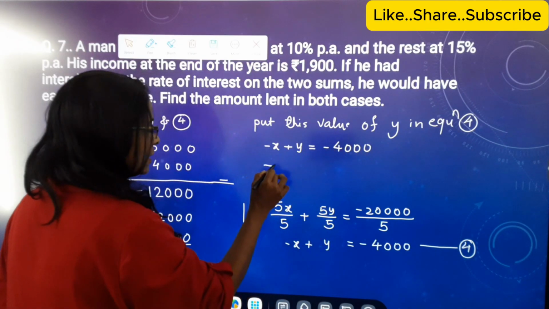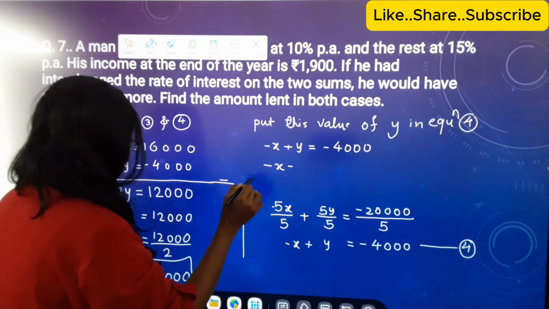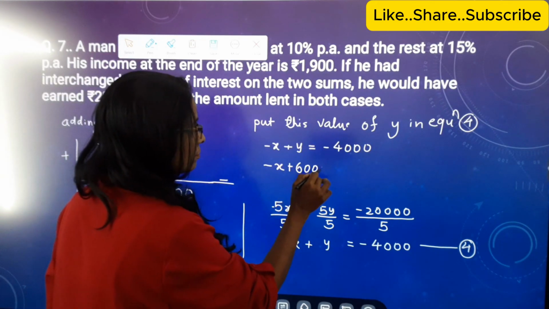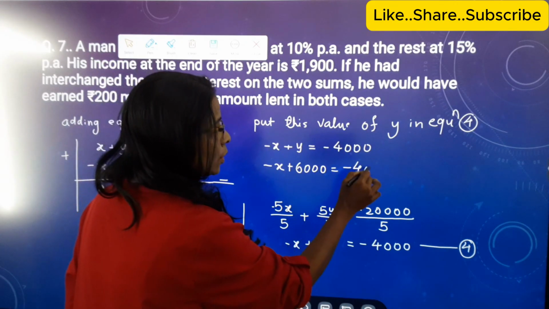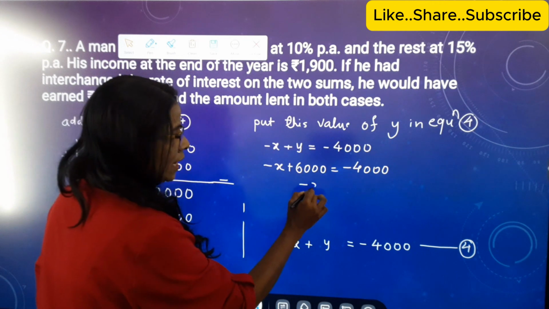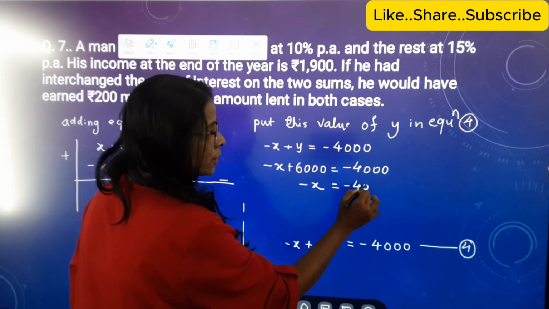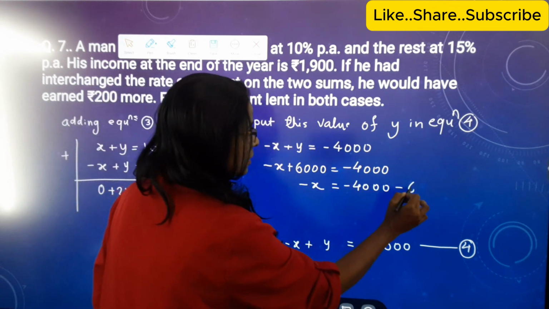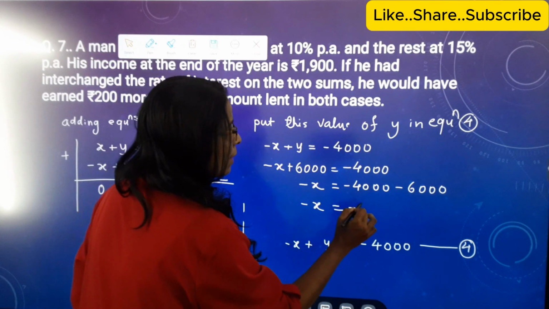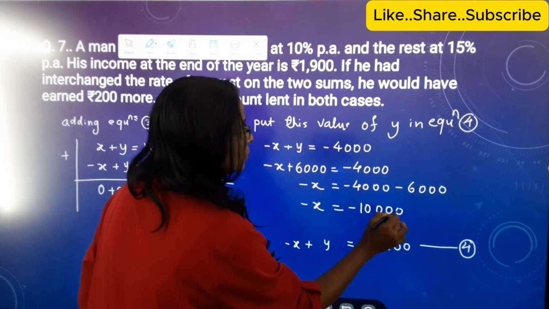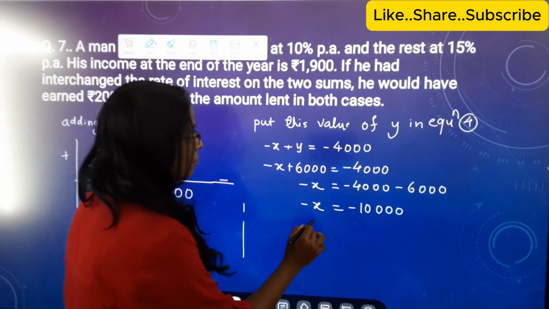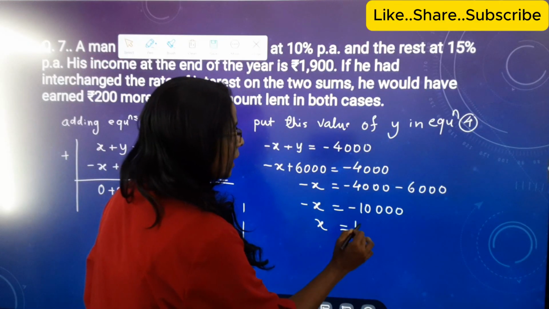So minus x plus 6,000 is equal to minus 4,000. So minus x is equal to minus 4,000 minus 6,000. That means minus x is equal to minus 10,000. So now remove the minus sign: x is equal to 10,000.